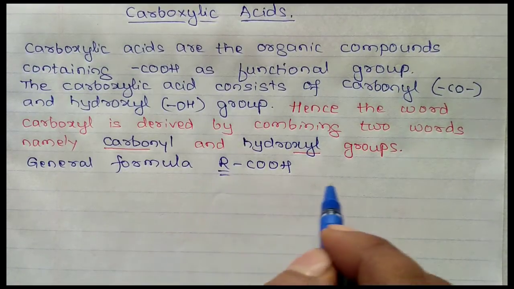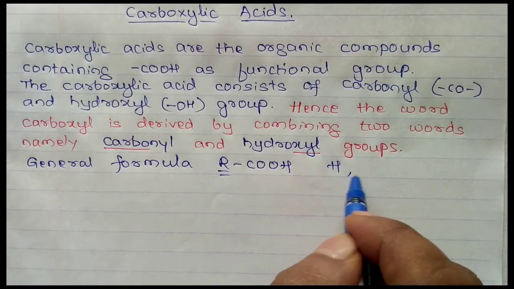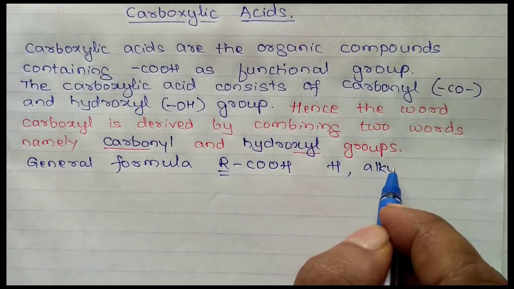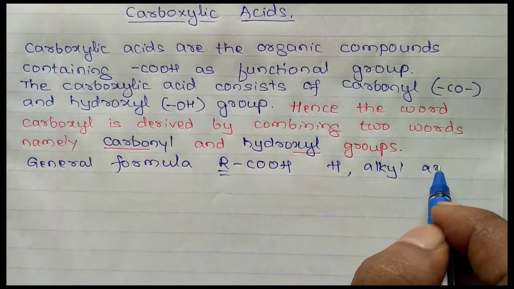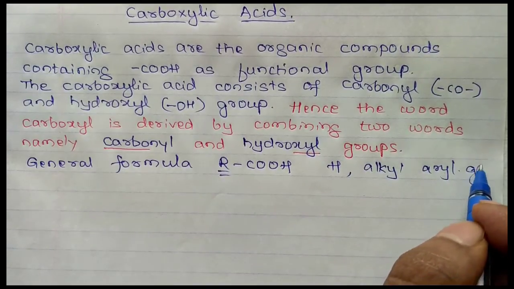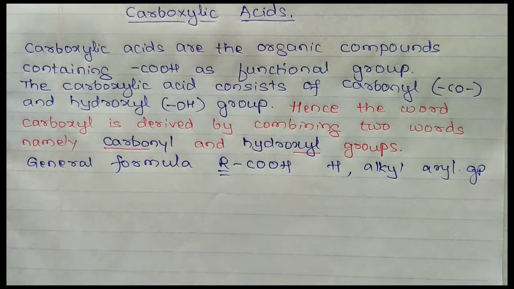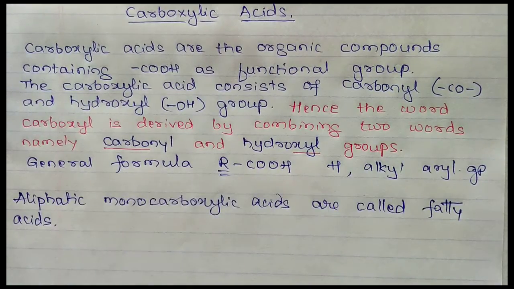Aliphatic monocarboxylic acids are called fatty acids, since some of the esters of their higher members are present in natural fats and oils.